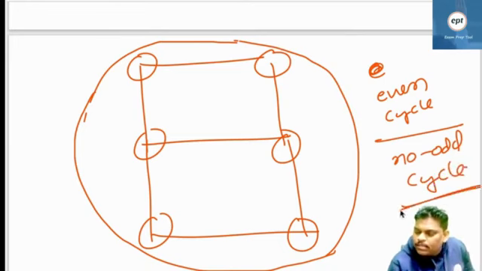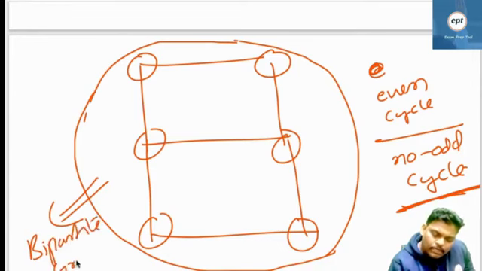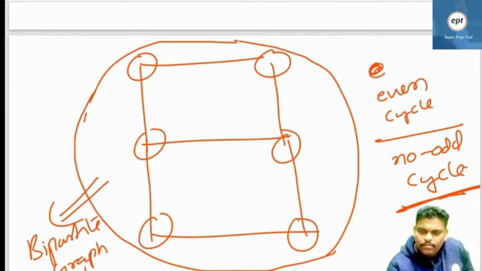No odd cycle. Remember, a graph which doesn't have an odd cycle is a bipartite graph. It is a bipartite graph. For a bipartite graph, what is the chromatic number?